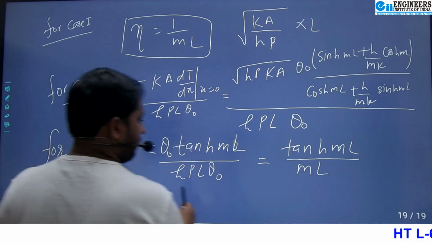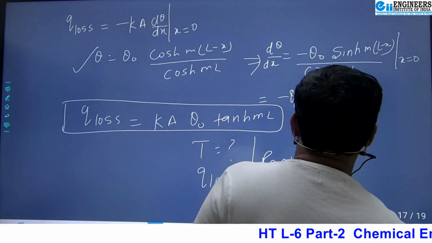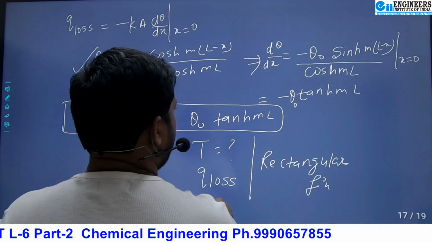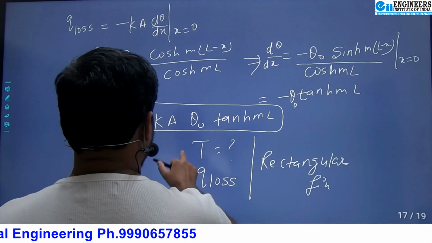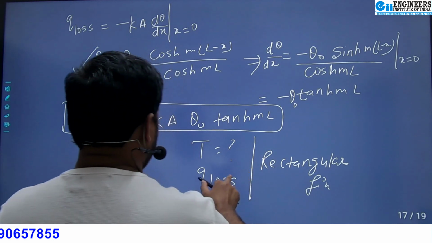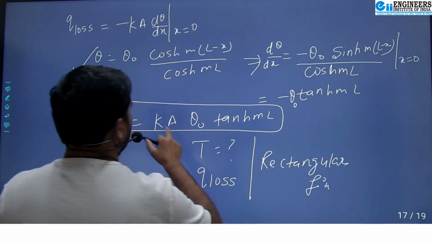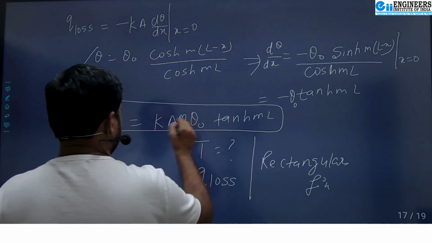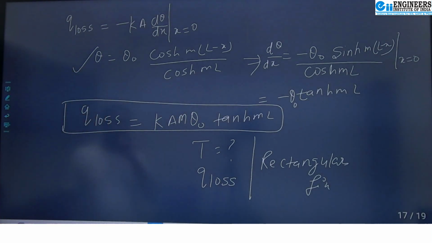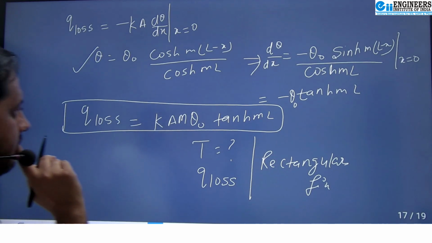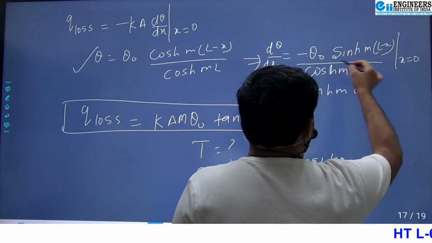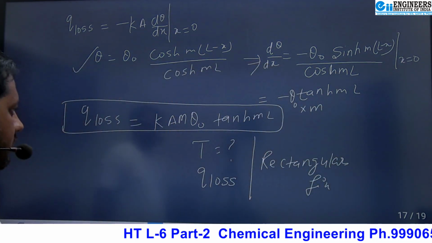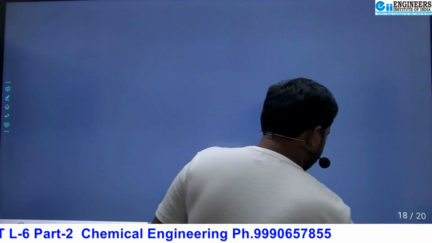This is for case 3. Q loss is k dT/dx, because whenever you differentiate it, you get this value m. So this is Q loss in case 3.